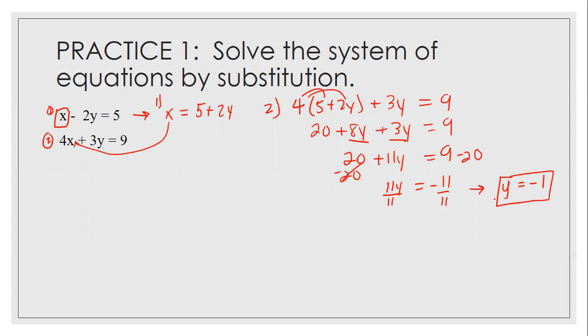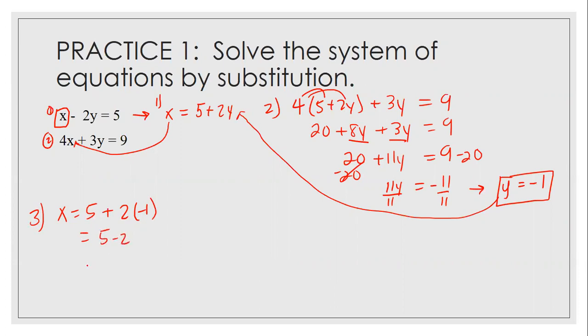So step 3 is I'm taking this value and I'm plugging it back into step 1, right? I'm taking this guy and it's going into there. So we have x equals 5 plus 2 times negative 1, which is 5 minus 2, which equals 3. So x equals 3.